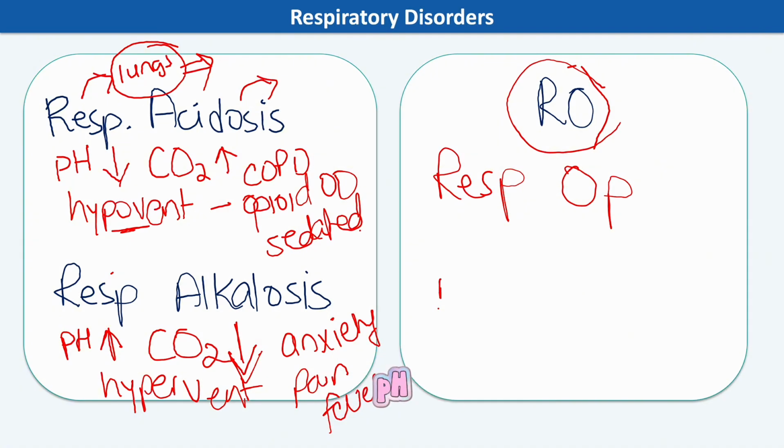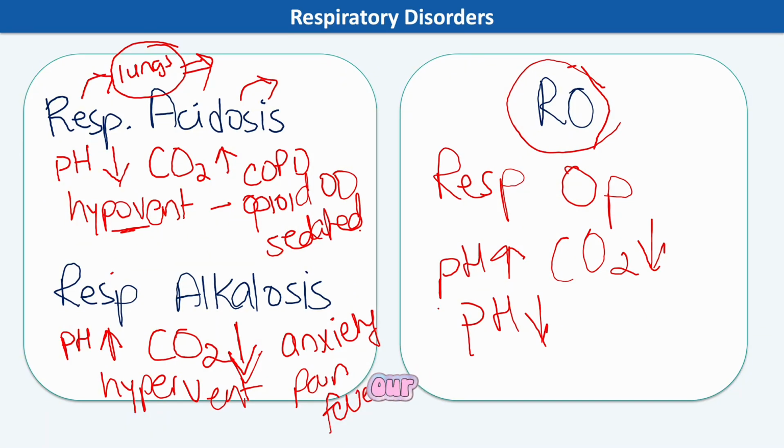Basically, if our pH goes up, the carbon dioxide level is low. If our pH is low, that means our carbon dioxide level is high. Okay? So respiratory problems are carbon dioxide problems. They happen in the lungs. Remember, the RO means respiratory opposite. pH and carbon dioxide move in opposite directions.